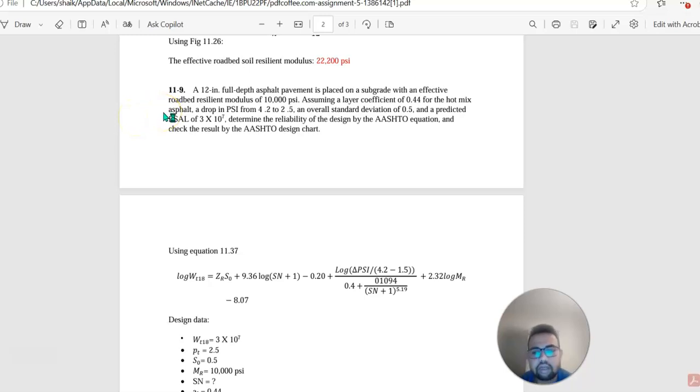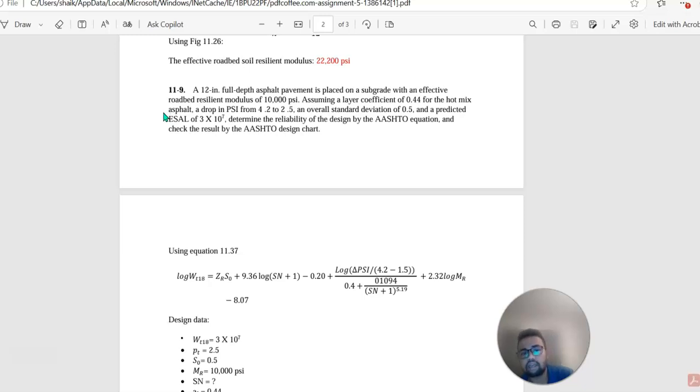The question is: a 12-inch full depth asphalt pavement is placed on a subgrade with an effective roadbed resilient modulus of 10,000 psi, assuming a layer coefficient of 0.44 for the hot mix asphalt.